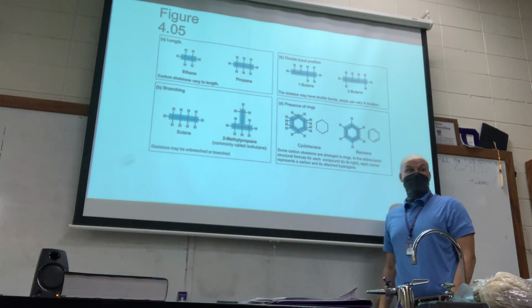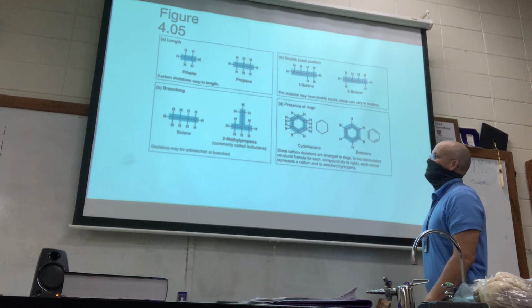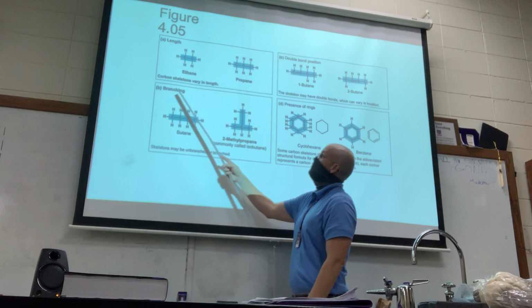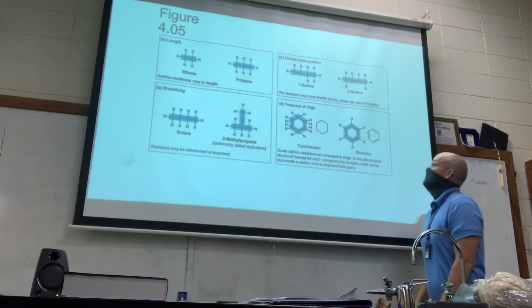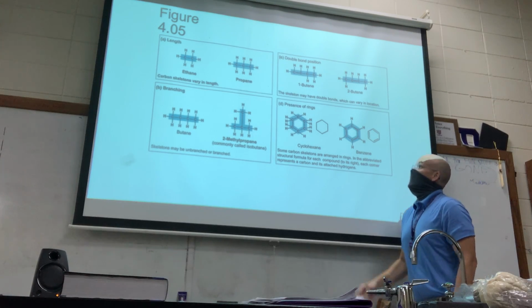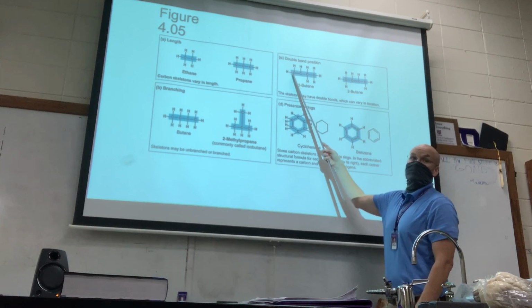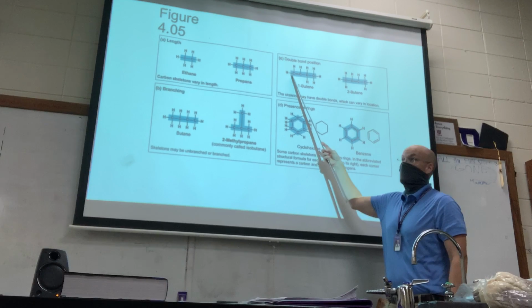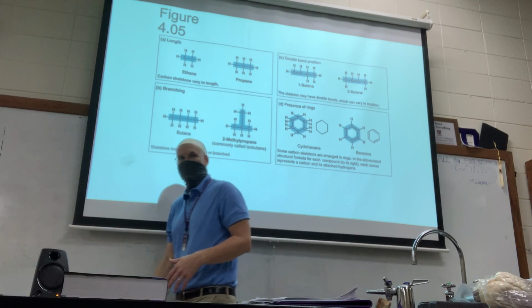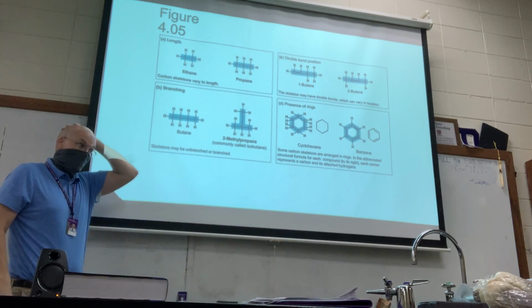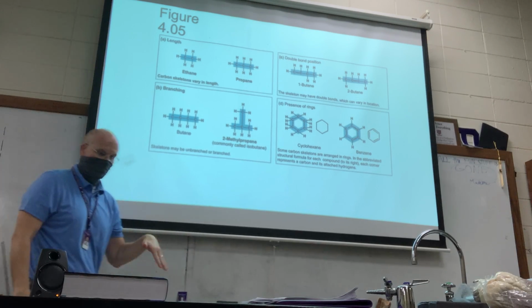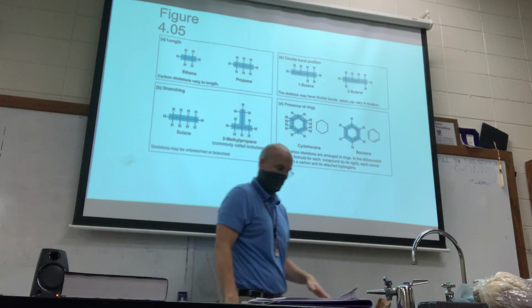And not just straight line chains. You don't have to write all the rest of this down. But there's also, as indicated here, branching that can occur, ring-like structures that can occur, and we mentioned you can have more than one covalent bond. You can actually have 2 or 3 covalent bonds, which we call double and triple bonds. So I just want you to be familiar with that because you'll see it, and I want you to know what you're seeing, okay?